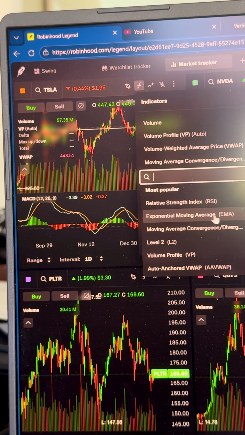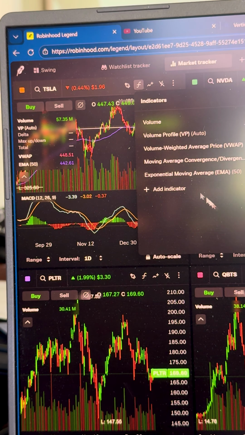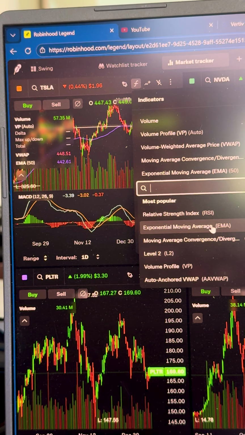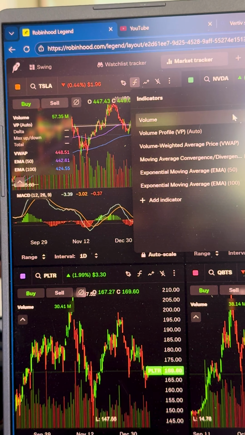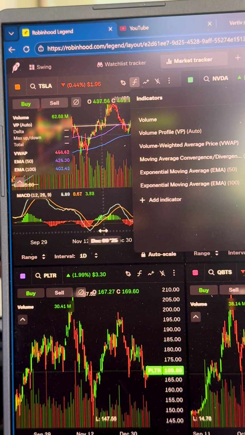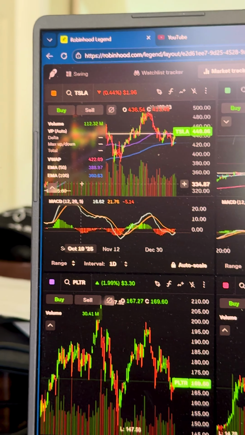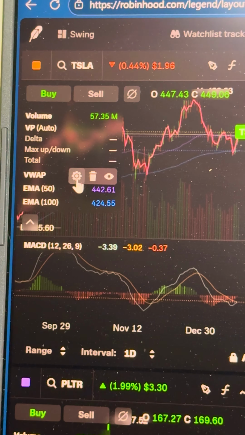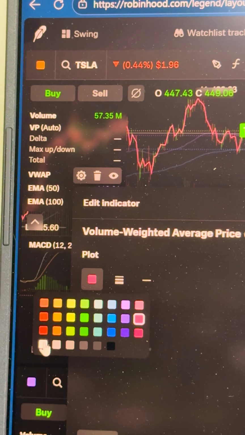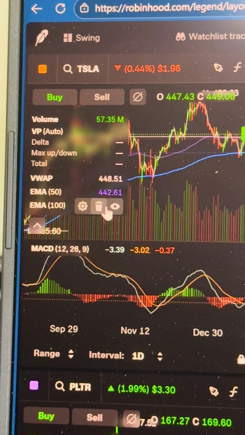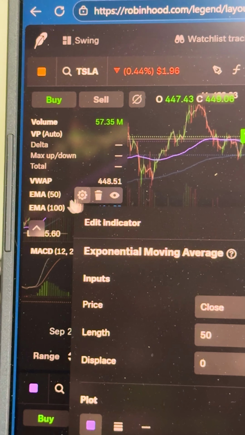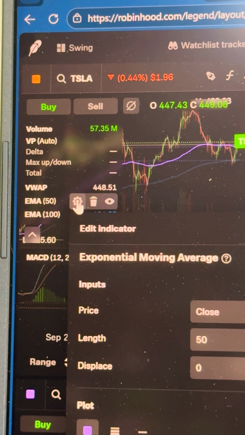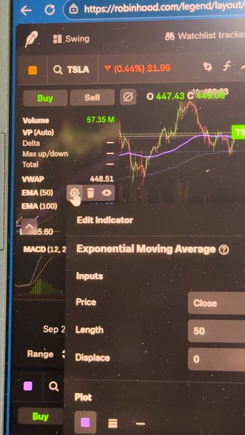And we're gonna add two exponential moving averages. Now I'm gonna change the colors of these to the colors I'm used to. We're gonna leave that EMA at 50, and that's the 50-day exponential moving average.